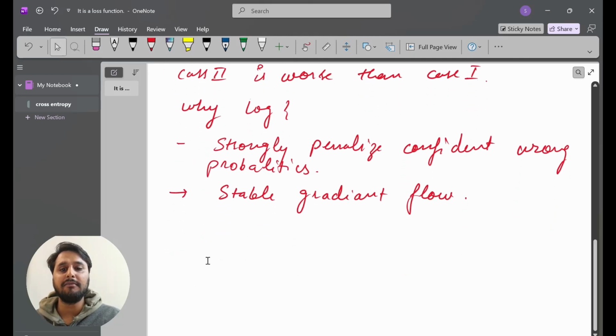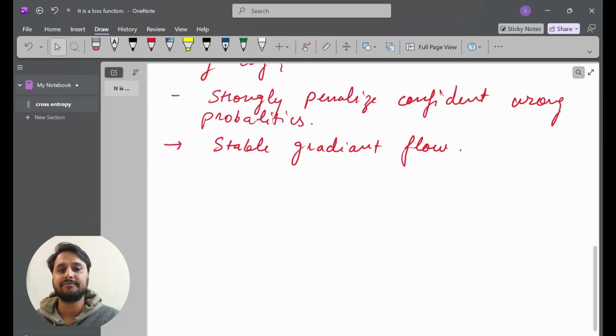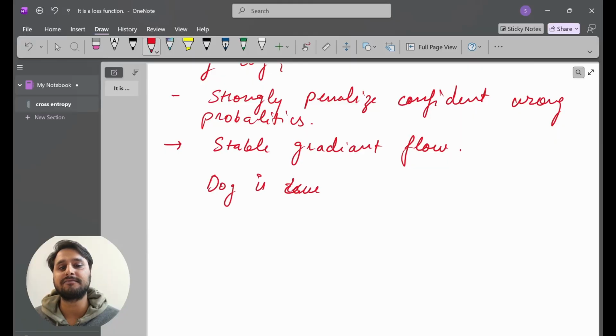In the meantime, let's understand the first point, and let's take the same two cases and see what the log value will be. We know dog is the true label, and model 1 is predicting 0.6 probability for the word dog, and model 2 is predicting 0.1.